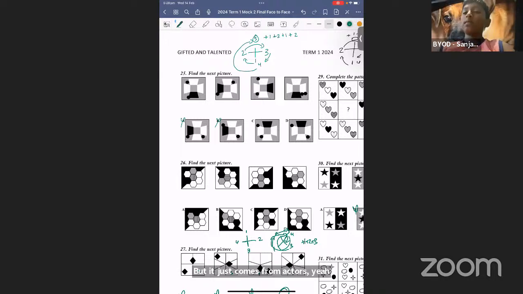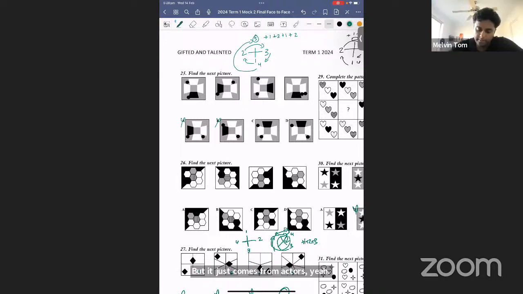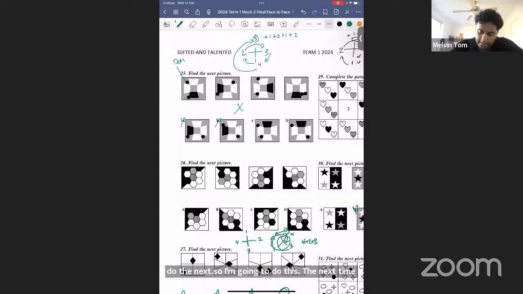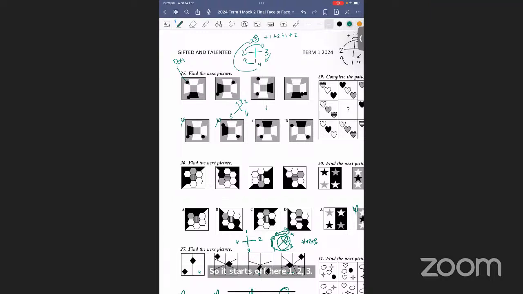All right. So let's do the next dot. I'm going to do this dot, Clarence. The next dot, we're going to do it like this. It starts off here, 1, 2, 3, 4. 1 to 2, how much does it move by? 1. Good. 2 to 3? 2.